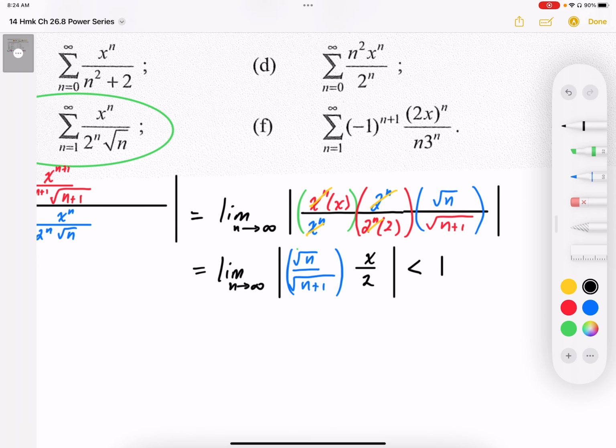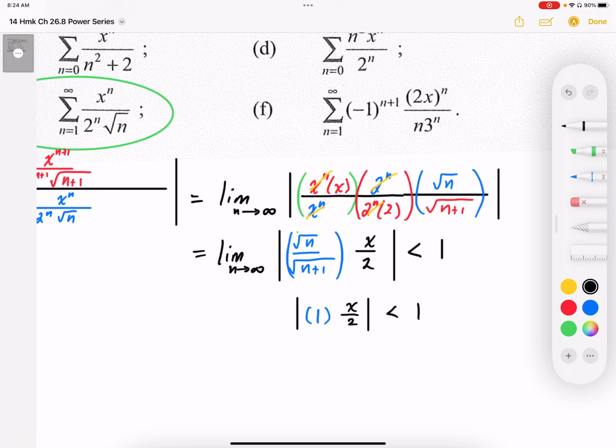Okay, so as I apply the limit to n, the blue term becomes 0. So I end up with 1 times x over 2 must be less than 1. I'm going to multiply by 2 and get rid of the absolute value. So the right edge of this, I'm going to have x is less than 2.